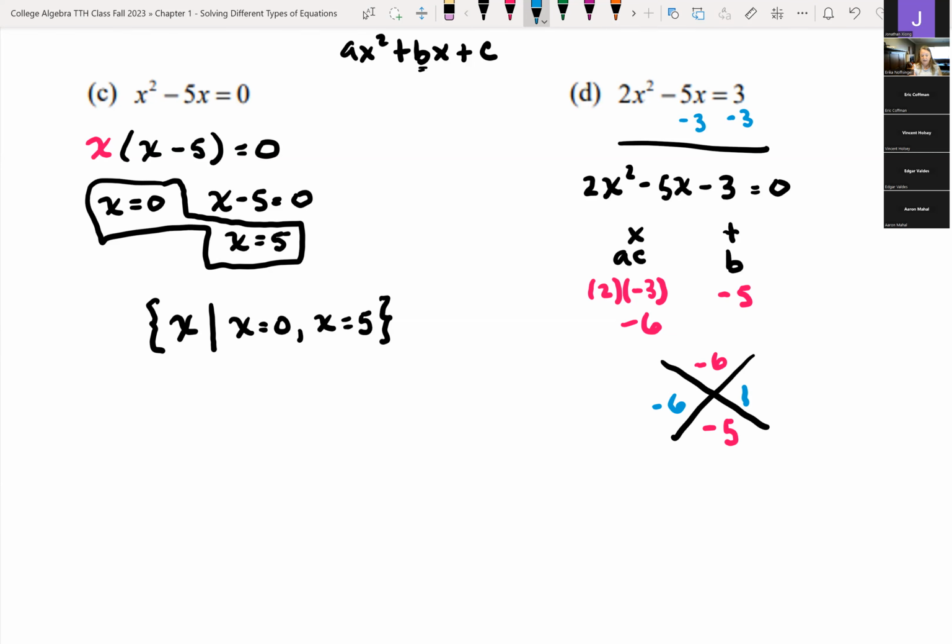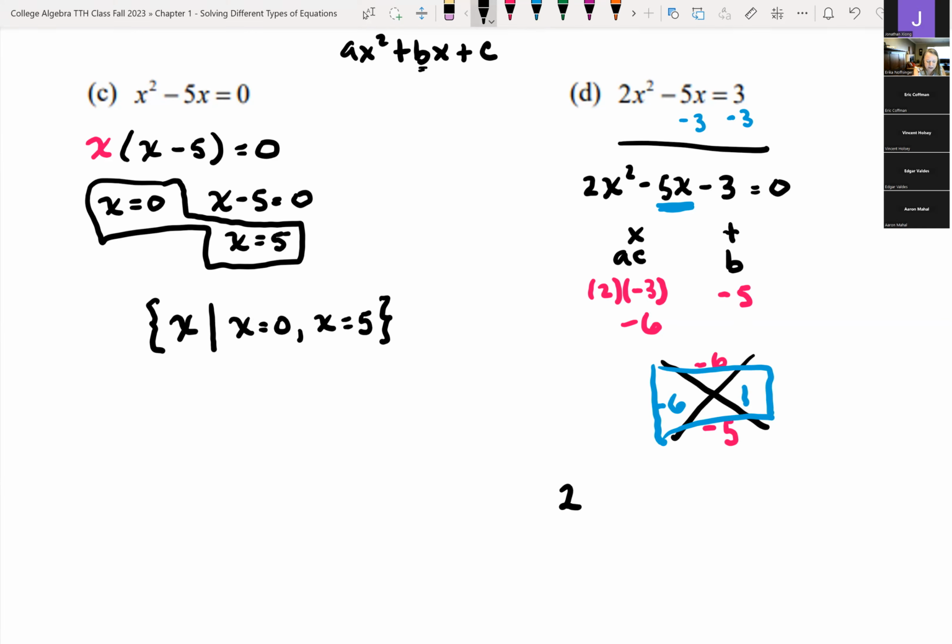This is a little different than what we had done before. We can't just start factoring. What we want to do with this method is look at the two numbers we just found, -6 and 1, and rewrite that middle term using those two coefficients. I'm going to rewrite everything.